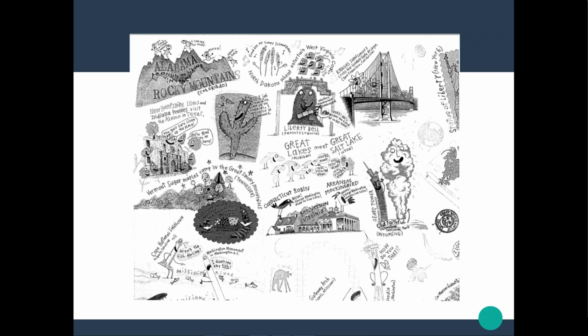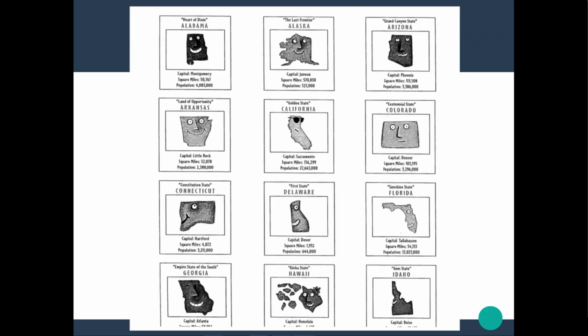I don't know how they figured out the order of things, but they did. If you listen to the CD, it kind of starts in one corner and sometimes it doesn't quite make sense, but all of that text is actually included on the CD. Here, this is at the very end of the book. There are a couple of pages that list the states and some factual information: the capital, square miles, population size.